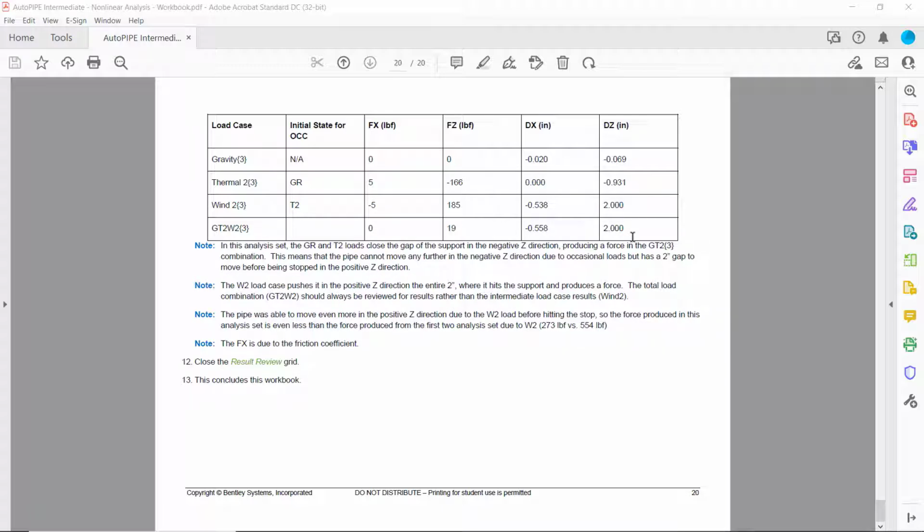Let's then look at example 3, analysis set 3, where OP2 is the initial state for our occasional loads, our wind load. And again, if I draw the support, starting at the very center, 1-inch gap to the left and the right, negative and positive Z direction. Let's see what happens.